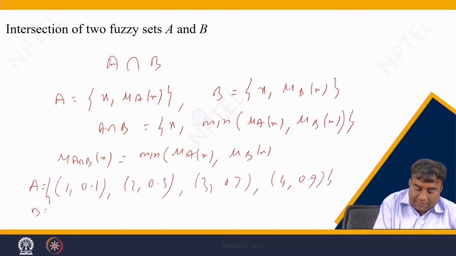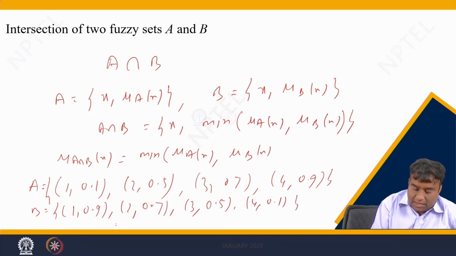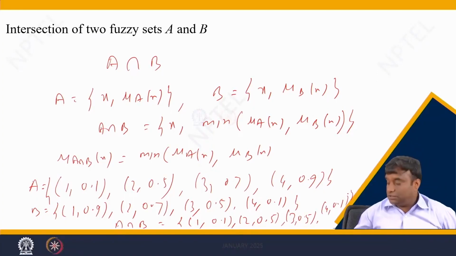B you can take: 1, 0.9; 2, 0.7; 3, 0.5; 4, 0.1. So A intersection B will be: 1, minimum is 0.1; 2, 0.5; 3, 0.5; 4, minimum of 0.9 and 0.1, so that is also 0.1. So this is the intersection of two fuzzy sets A and B.